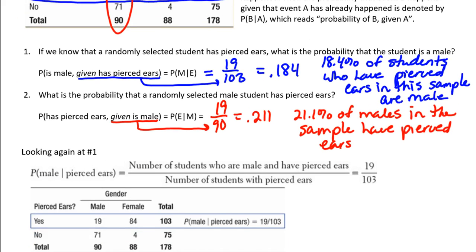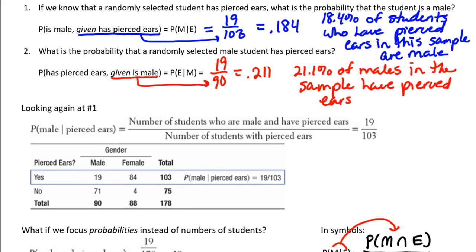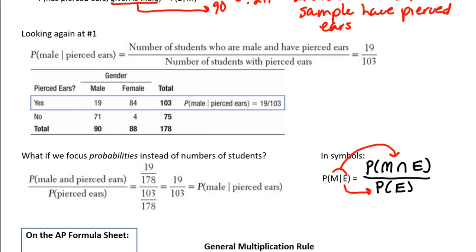Now looking again at number 1, what we did was we looked just at the chart and we said the probability of male given that they have pierced ears is the number of students who are male and have pierced ears over the number of students with pierced ears, 19 over 103. But what if we focus on probabilities instead of the number of students?